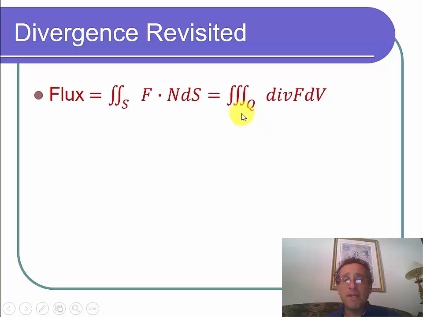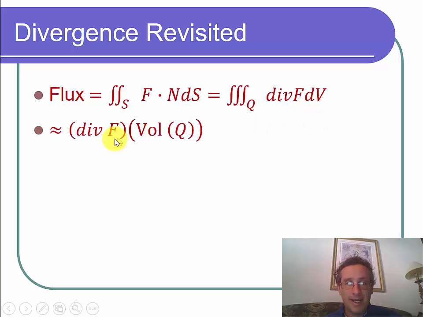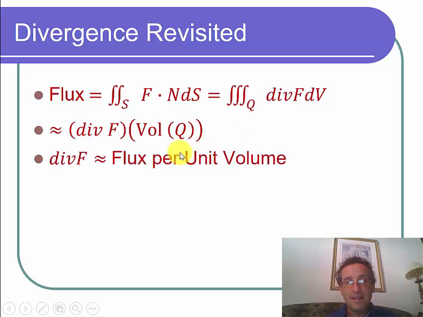And when we have the triple integral over a solid of a constant times dV, that gives us the divergence of f, that constant, times the volume of the solid. What I could do next is divide by the volume of Q on both sides. And what I can say is that the divergence of F is about equal to the flux per unit volume.